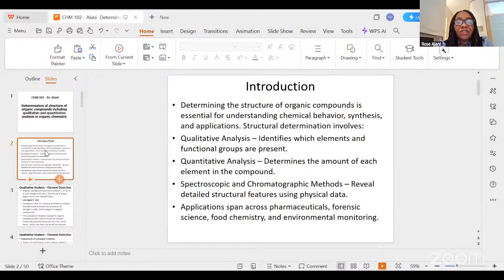So we also have spectroscopy and chromatographic methods, and this helps to reveal detailed structural features using physical data. There are applications across pharmaceuticals, forensic science, food chemistry, and environmental monitoring.